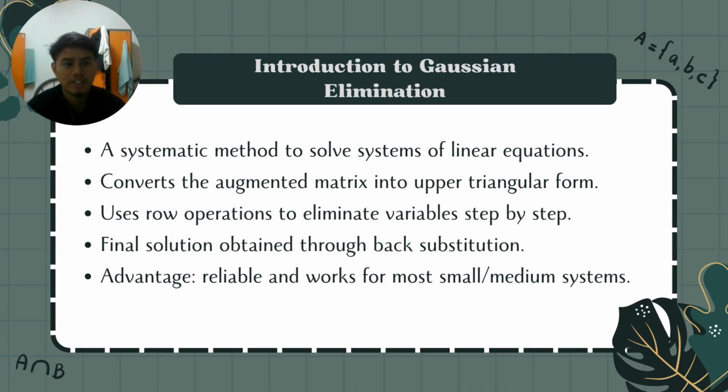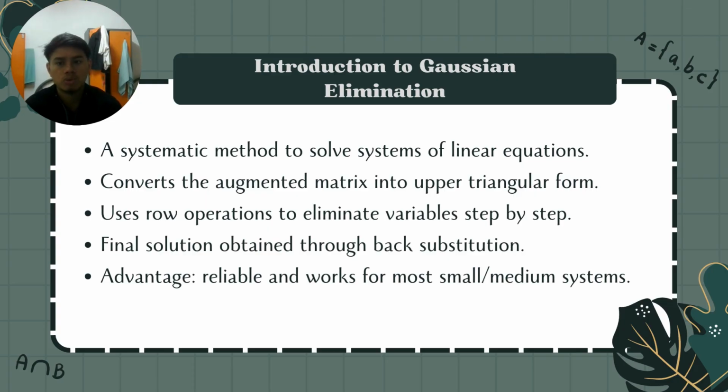Introduction to Gaussian elimination. Gaussian elimination works by transforming the augmented matrix into an upper triangular form. The process involves three main steps. First, we select a pivot element.